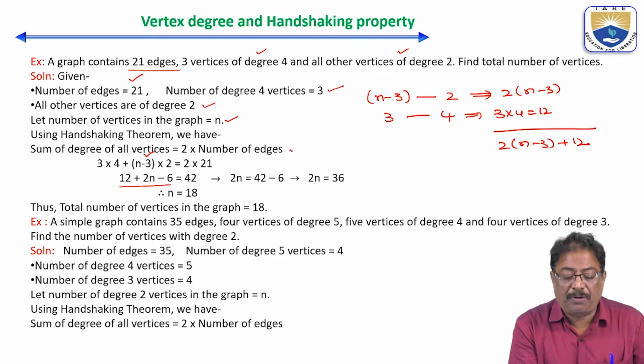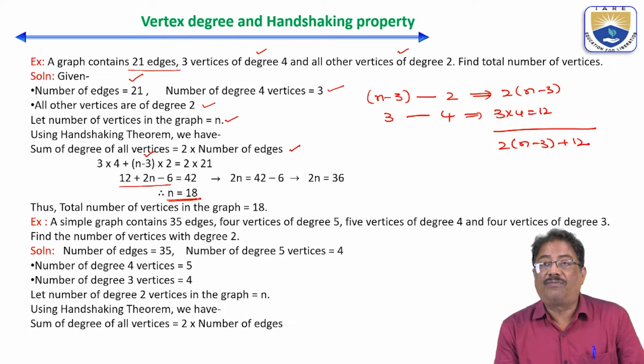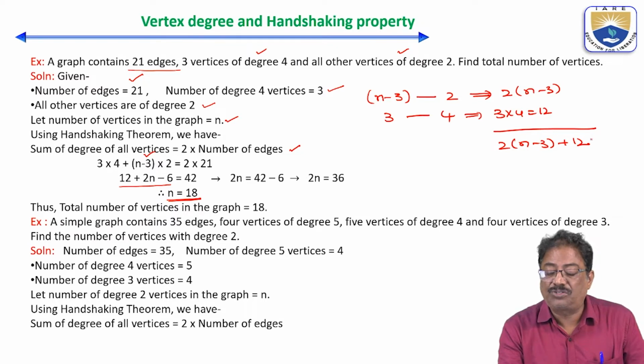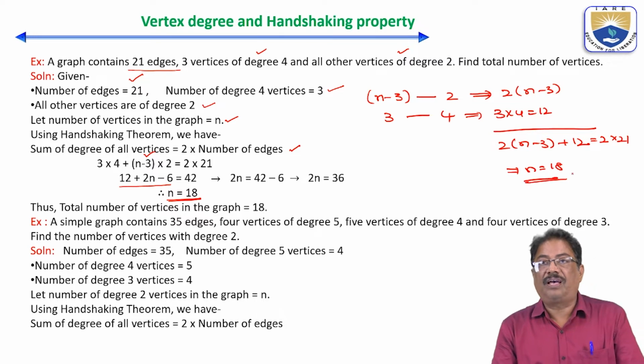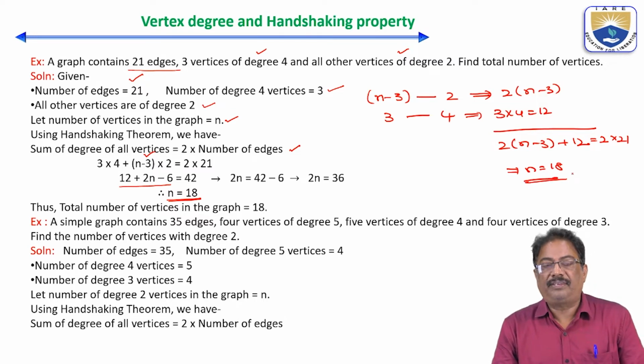This is the handshaking property. The number of edges is 21, so from this we can calculate the number of vertices in that graph. So n equals 18.